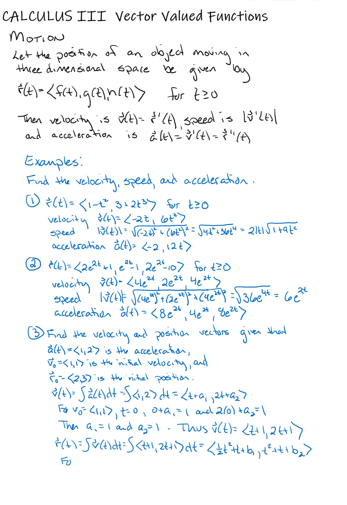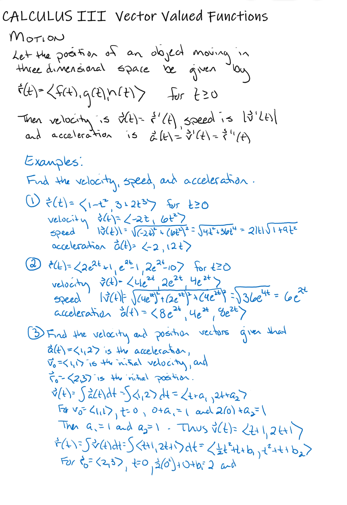Of course, in our initial position, we have the components 2 and 3. And again, this tells us that when t is 0, we get those two components. So using the fact that t is 0, we can set up the equation 1/2 times 0 squared plus 0 plus b1 is equal to 2.